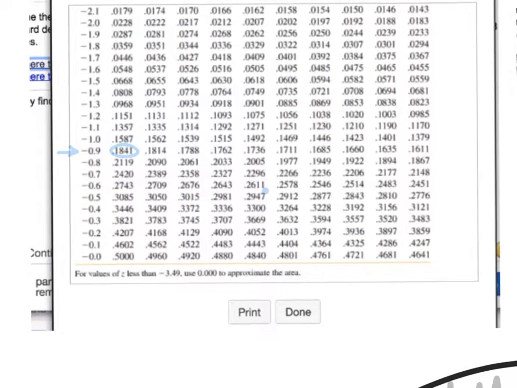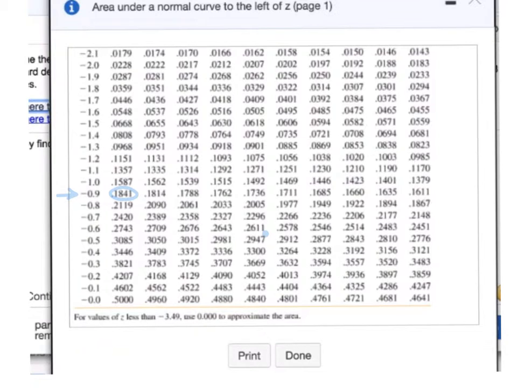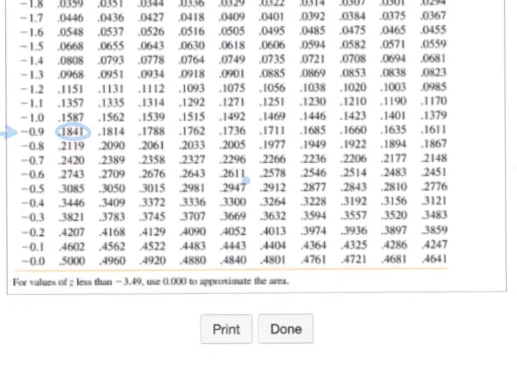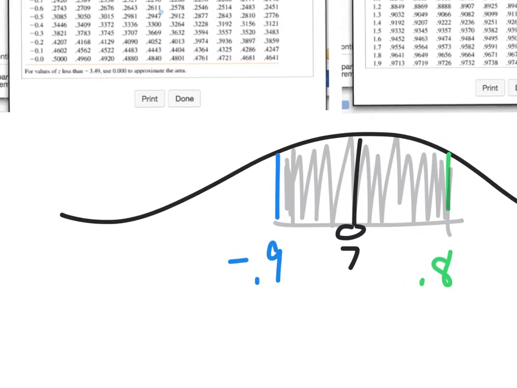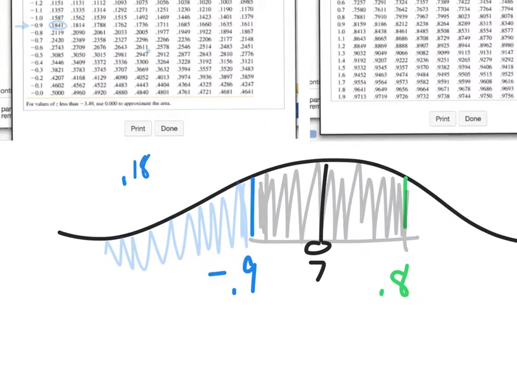0.1841. Now, remember what this 0.1841 tells you. This is saying the area under the curve to the left of z. So in other words, that z-score represents the percentage of values that are over here to the left of negative 0.9. And of course, 0.1841 is the same thing as 18.41%.